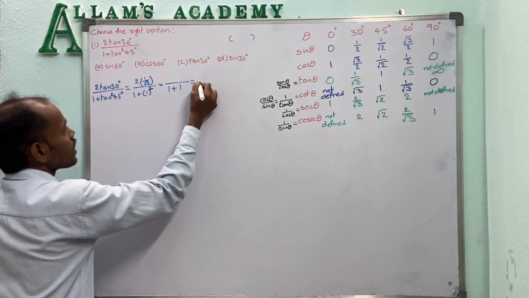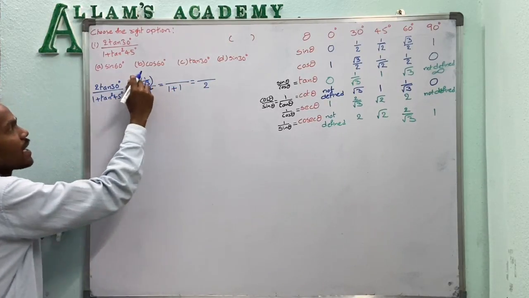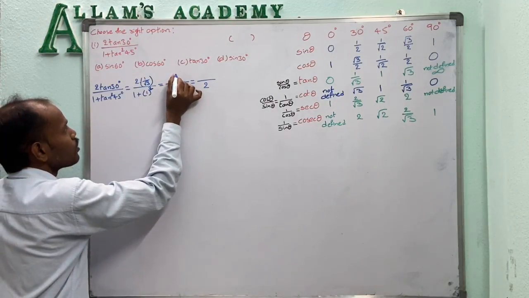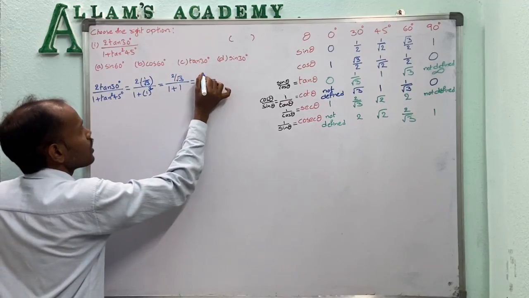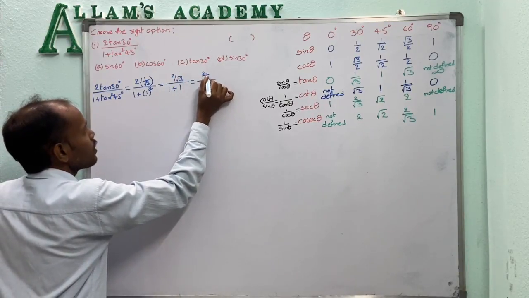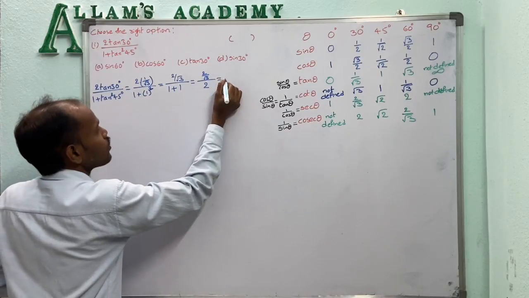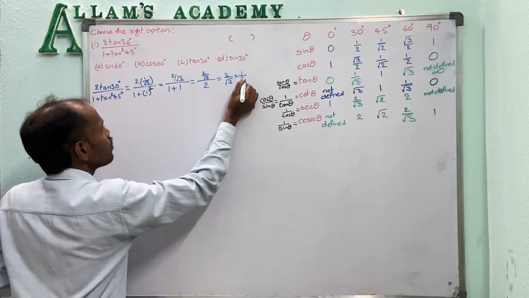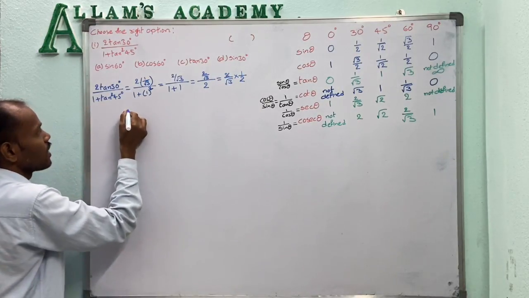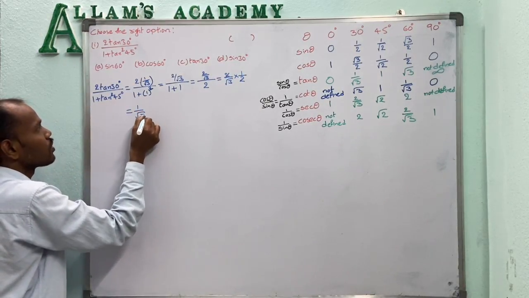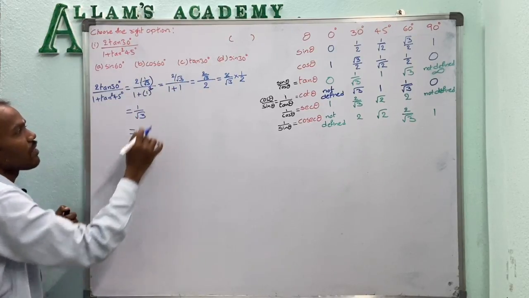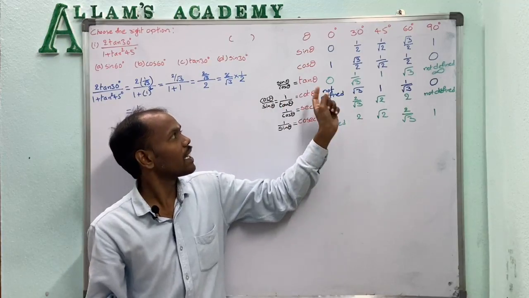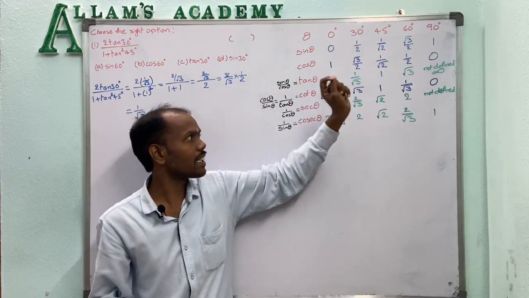So 1 plus 1 equals 2, and the numerator 2 into 1 by root 3 means 2 by root 3. So 2 by root 3 by 2 is nothing but 2 by root 3 into 1 by 2. So 2 gets cancelled, that equals 1 by root 3. When we get 1 by root 3, we get it at the place of tan 30 degrees.